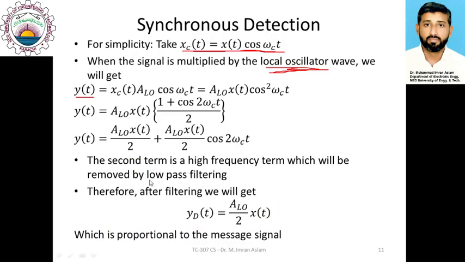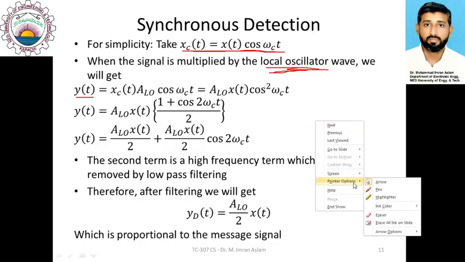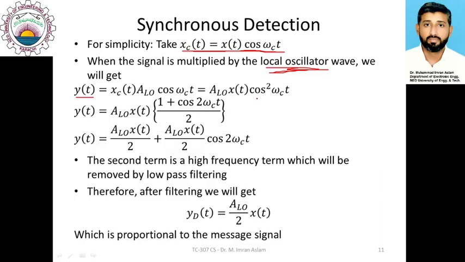You can easily see that if we multiply the incoming signal with the local oscillator signal, we will get a cos square term, because the message signal has a cos omega_c t term, and the local oscillator also has a cos omega_c t term.